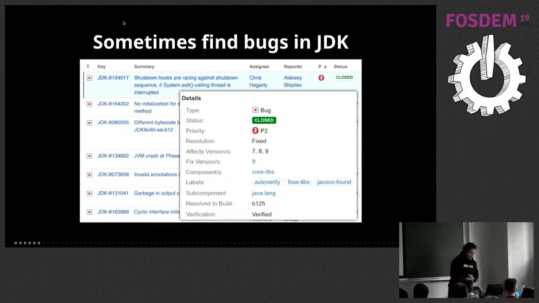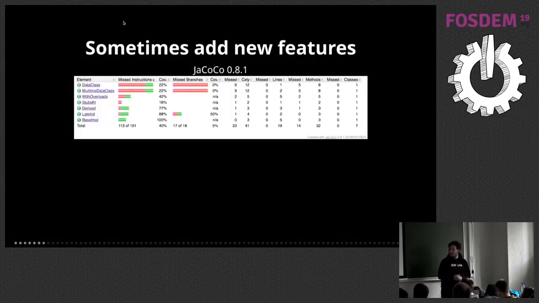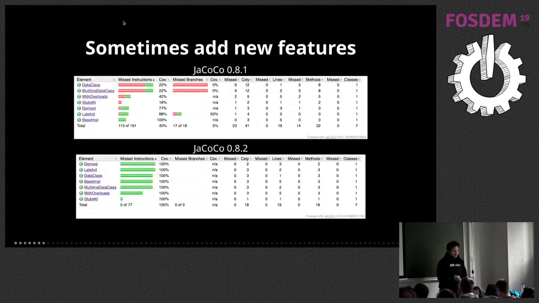This happens. And of course, sometimes we develop new features. For example, the code coverage report of JaCoCo version 0.8.1 for some Kotlin classes was looking like this. After some new features we implemented, without any changes in any tests, it started looking like this. Why this happened, what those features are, this is exactly what this talk is going to be about.